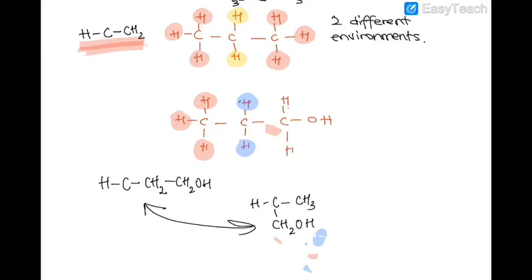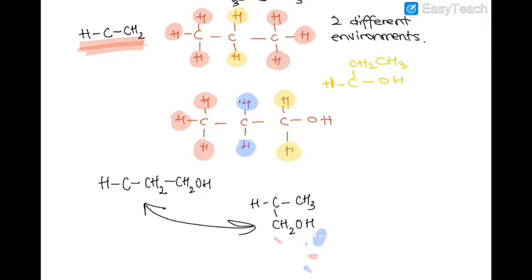And then I look at the third carbon atom. I have this hydrogen here and this one. So you have the hydrogen which is bonded to a carbon, which is bonded to an OH, and which is bonded to a CH2, CH3.